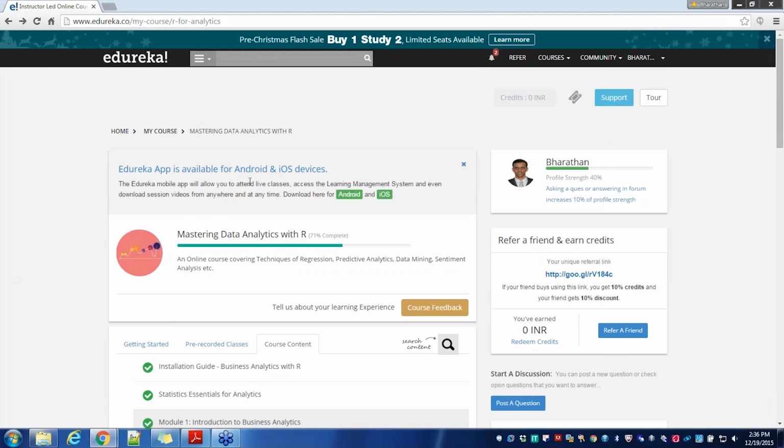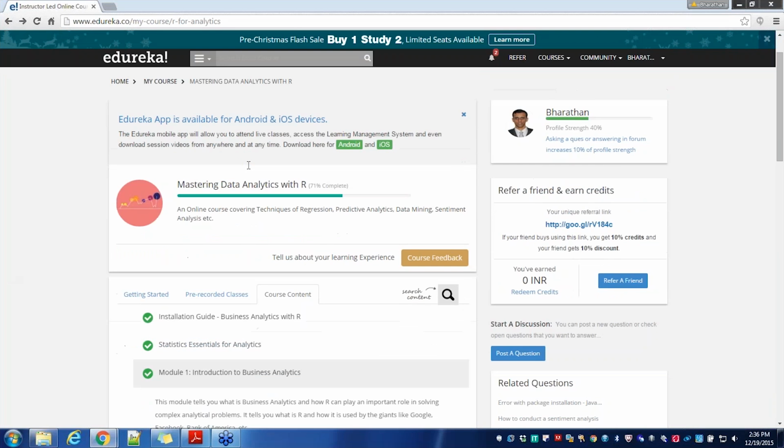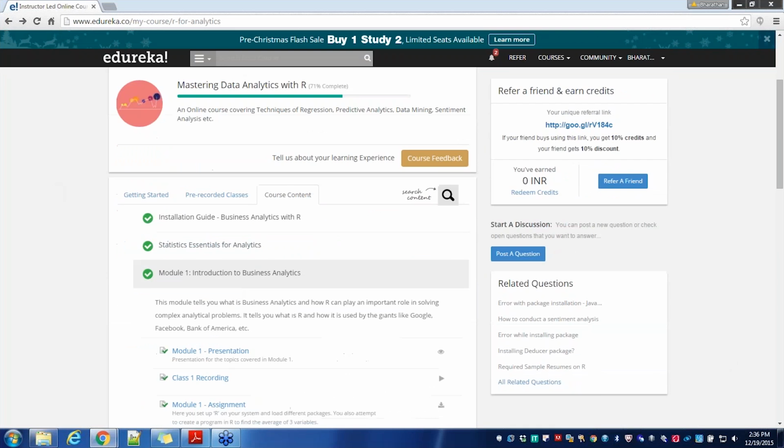So if you have logged in here the way I am logged in under my login, you would notice that the LMS, or the learning management system as it's otherwise called, would look like this. Below this section here on the course title, you will see 3 tabs: Getting Started, Pre-recorded Classes, and Course Content.